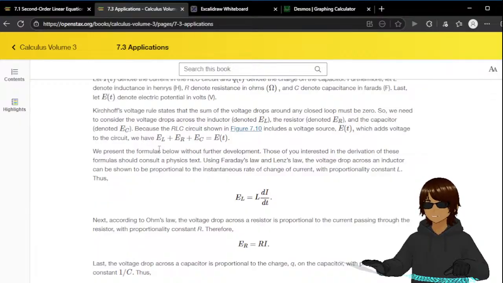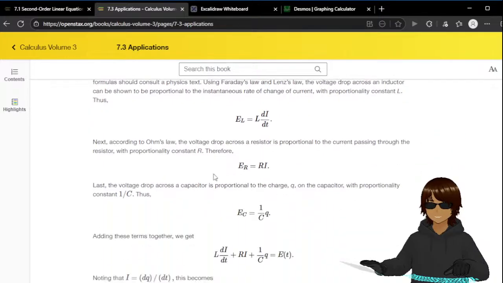Those of you interested in the derivation of these formulas should consult a physics text. Using Faraday's law and Lenz's law, the voltage drop across an inductor can be shown to be proportional to the instantaneous rate of change of the current, with proportionality constant L. Thus, EL is L times the derivative of I over t.